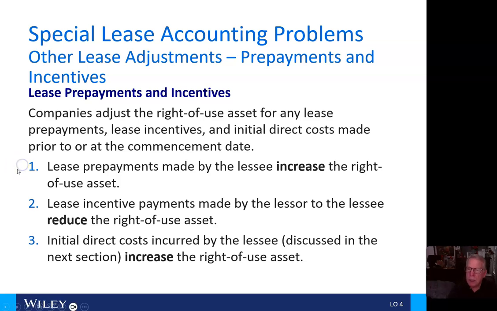Number 1, lease prepayments made by the lessee increase the right of use asset. Number 2, lease incentive payments made by the lessor to the lessee reduce the right of use asset. And number 3, initial direct costs incurred by the lessee, discussed in the next section, increase the right of use asset.